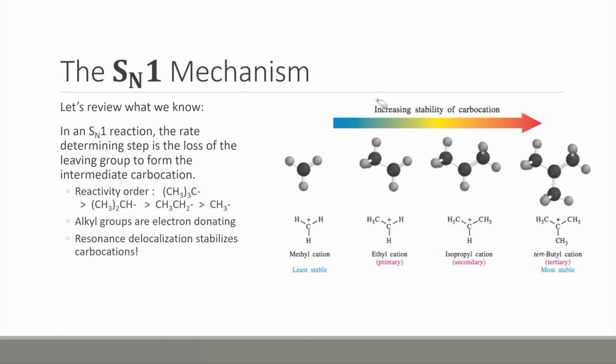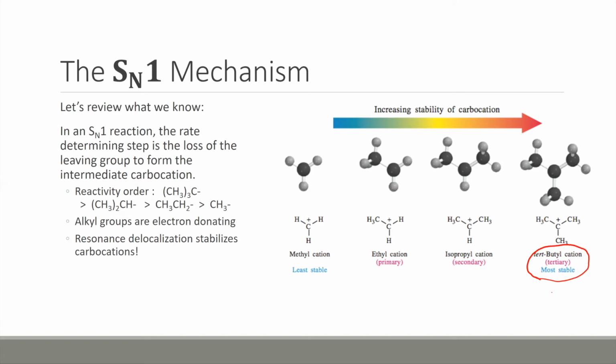If we started with a primary, secondary, or tertiary alcohol, the tertiary is most stable, because a tertiary carbocation is the most stable form of carbocation. And so a reaction with a tertiary alcohol will form a tertiary carbocation and will react faster. That's why tertiary alcohols react at lower temperatures and do not require as aggressive an acid.